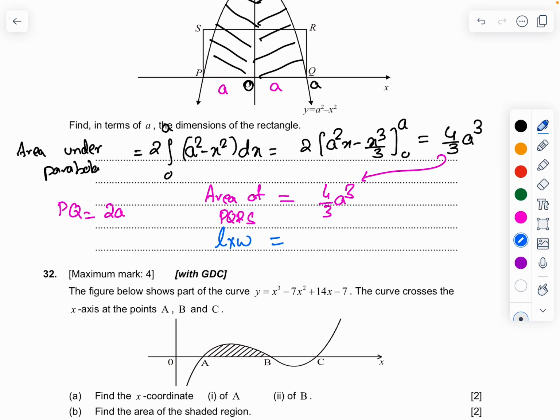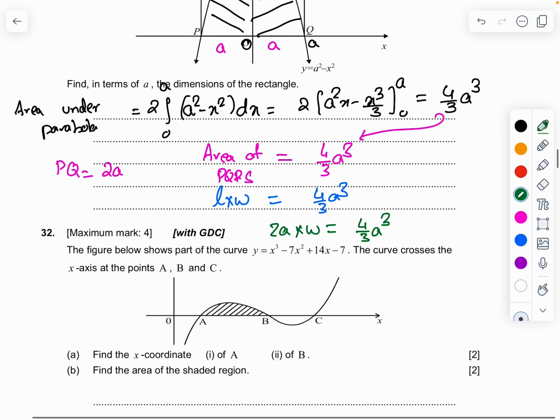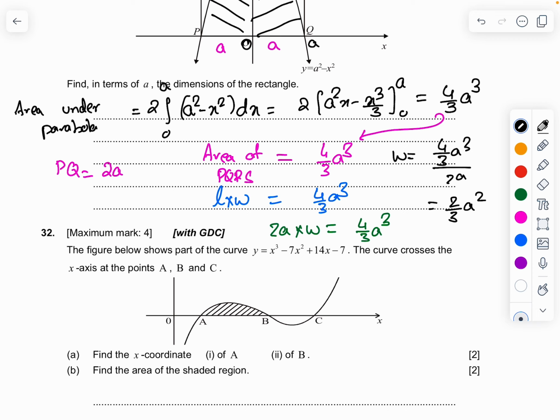The length is 2a and width we don't know. So 2a times width equals 4 upon 3 a cube. Width will be 4 upon 3 a cube divided by 2a, which is 2 upon 3 a square. So the width of the rectangle is 2 upon 3 a square.